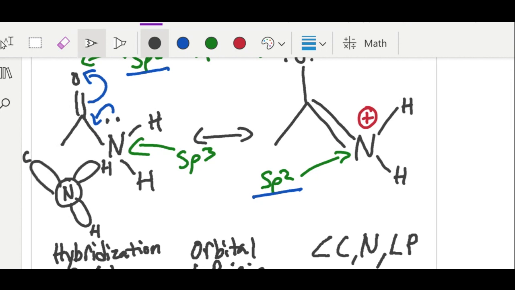Now the carbon and hydrogen are on an equatorial plane, and that equatorial plane is an sp2 hybridization. And again, sp2 creates 120 degrees from each of these, so these are at equal lengths from each other.